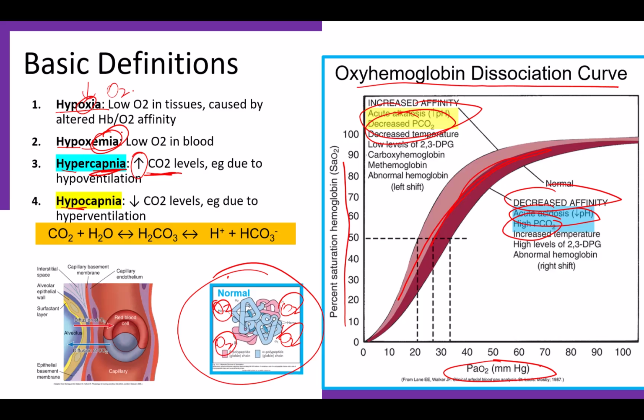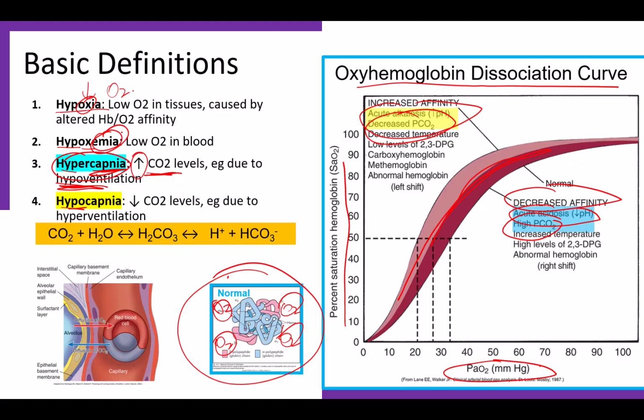Now, carbon dioxide is a gas that's exhaled. So we get rid of carbon dioxide every time we breathe out. And so when breathing slows down, as in the case of hypoventilation, carbon dioxide cannot leave the blood, cannot leave the system, and so the carbon dioxide levels increase.